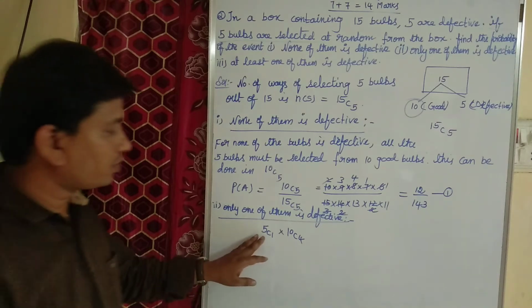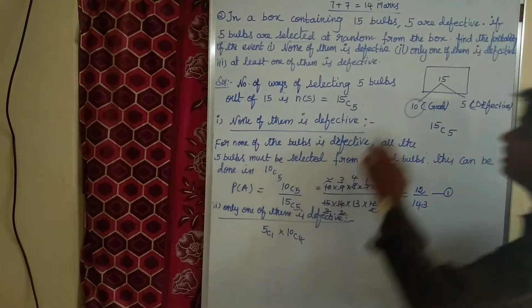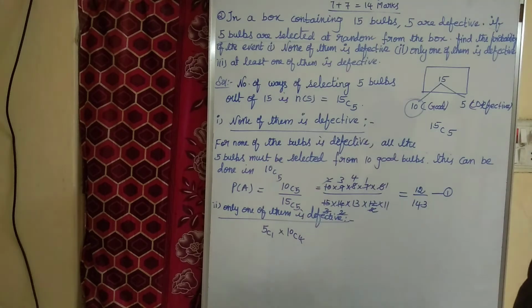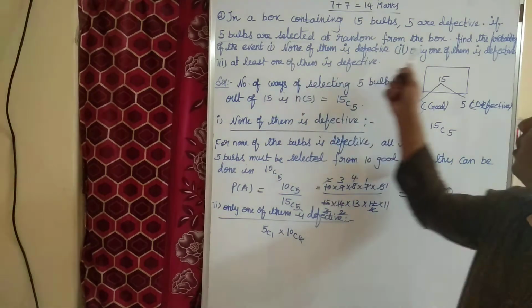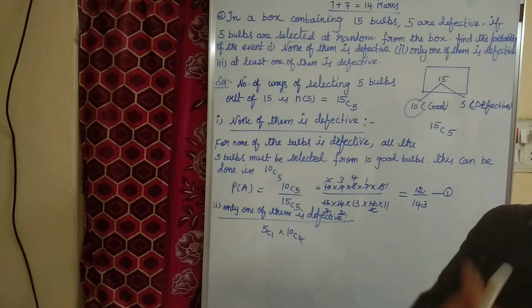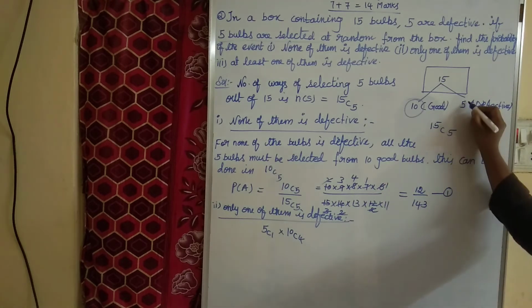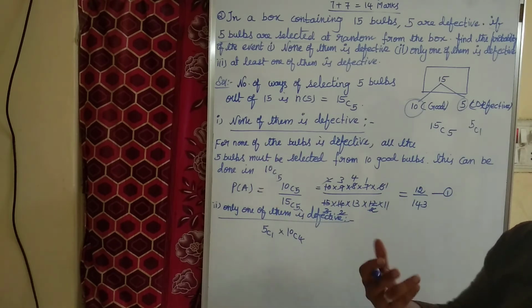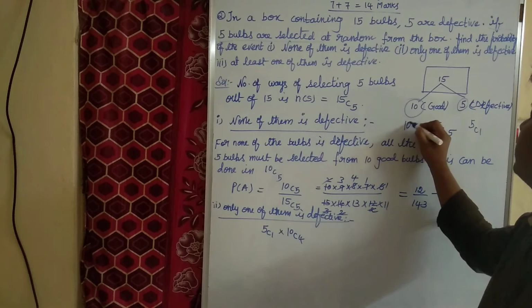Did you understand why I wrote the possible ways? Actually, we have to select 5 bulbs, and the question is only one of them is defective. We have 5 defectives and we have to select one, so 5C1. The remaining 4 we have to select from good ones, that is 10C4.